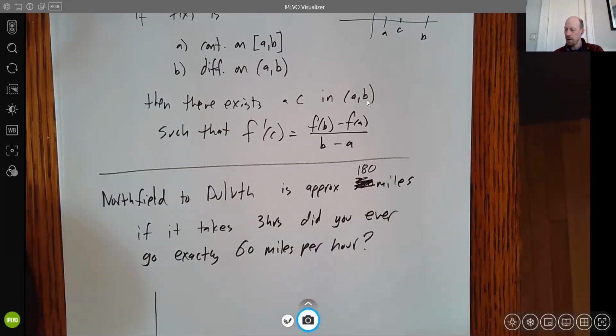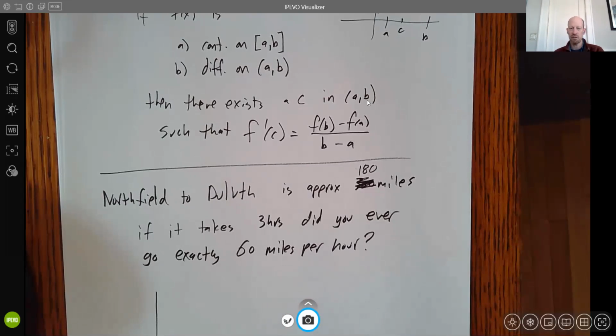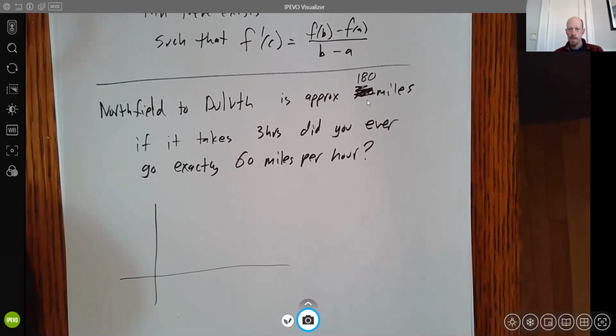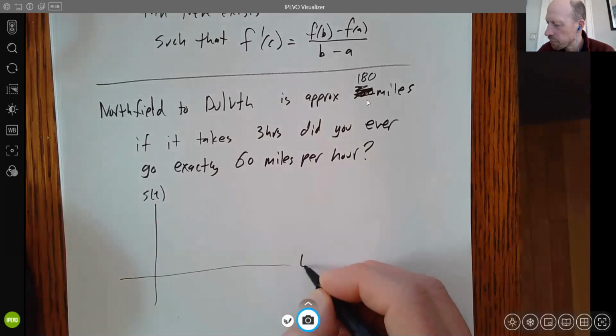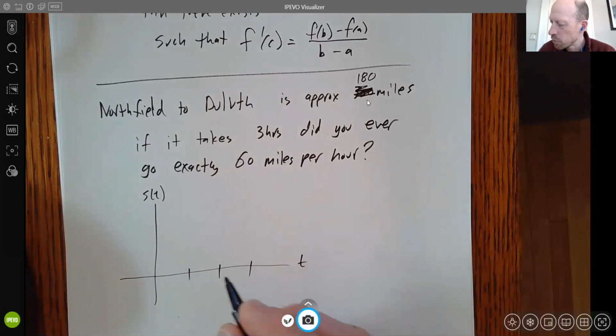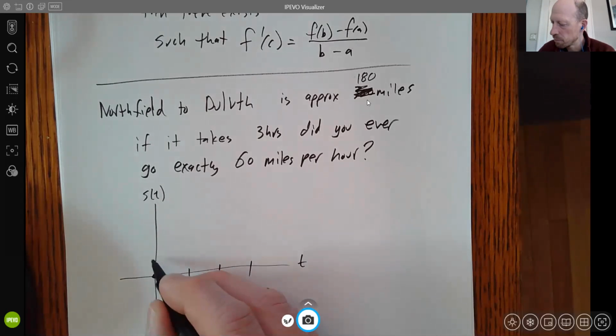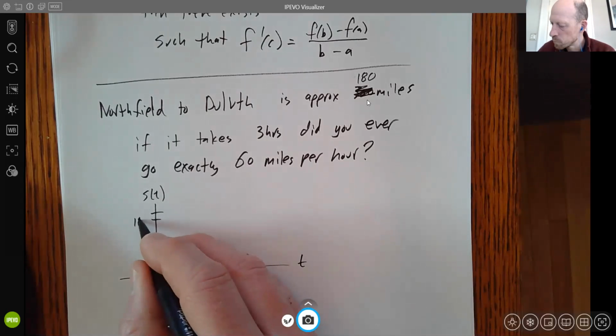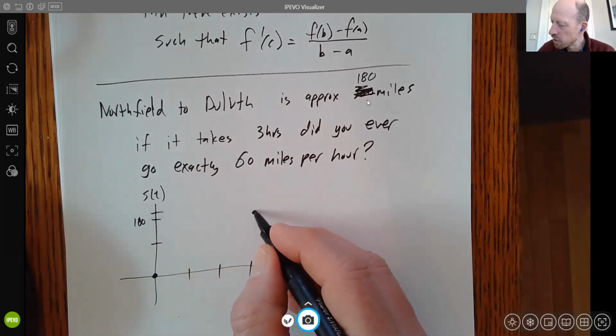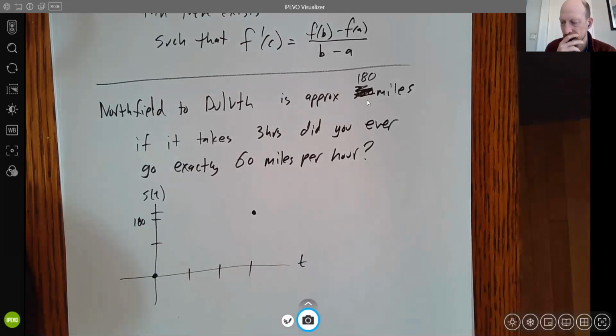If we think about what's happening here as a graph, where this is my position function as a function of time, I started out at 0 in Northfield, and I ended up at 180 miles in Duluth.